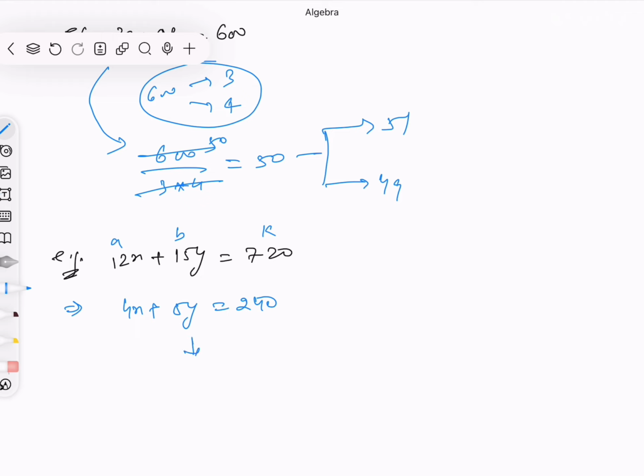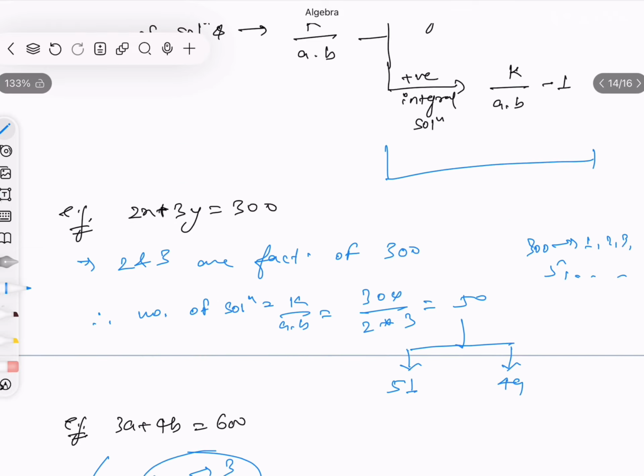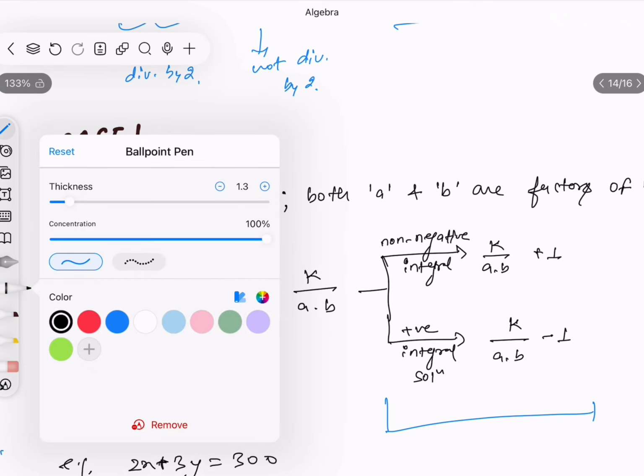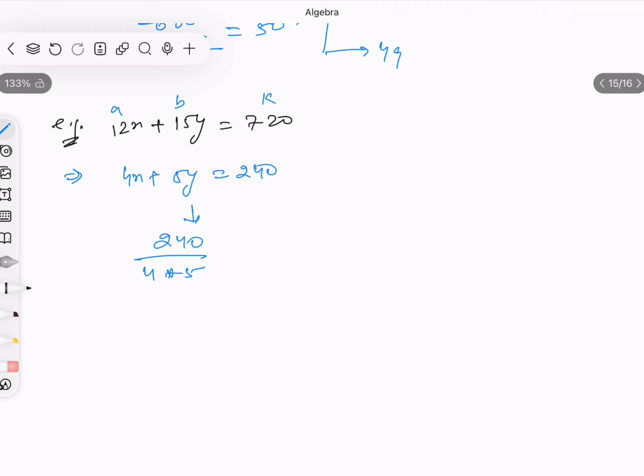So this would be 240 upon 4 multiplied by 5. Let me write one more condition: the HCF of A and B should be 1. I don't think I wrote that earlier because it could make the answer different over here. Sorry about that.